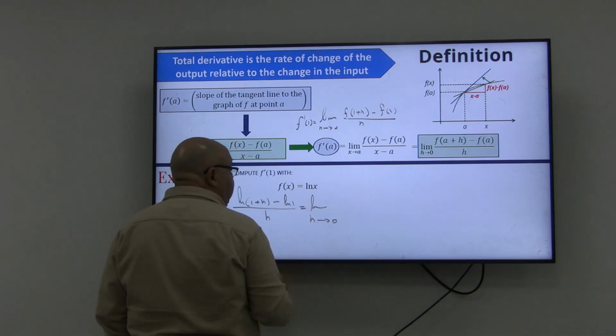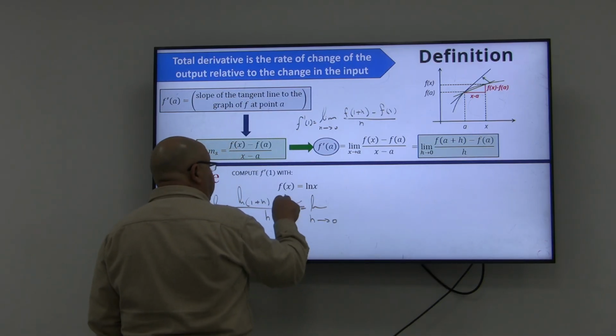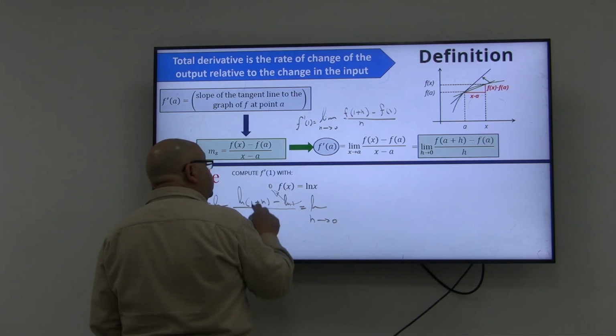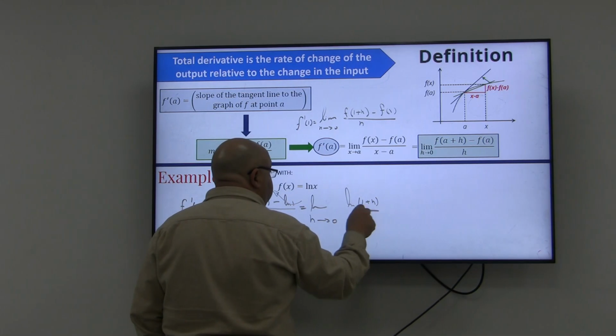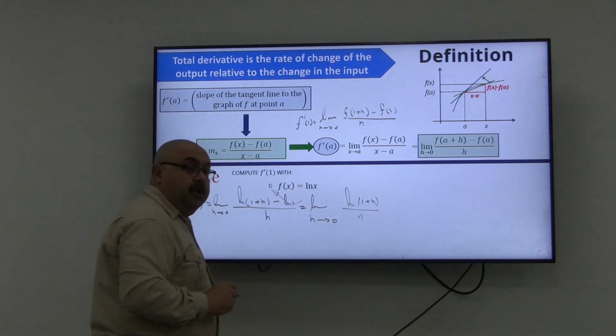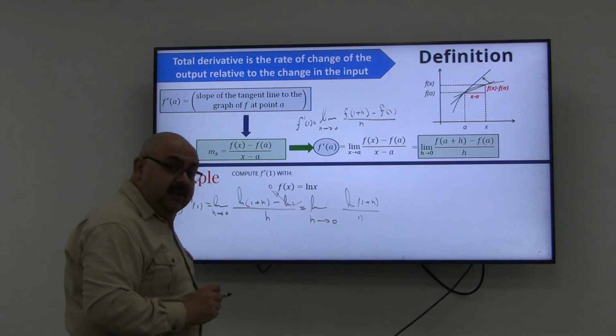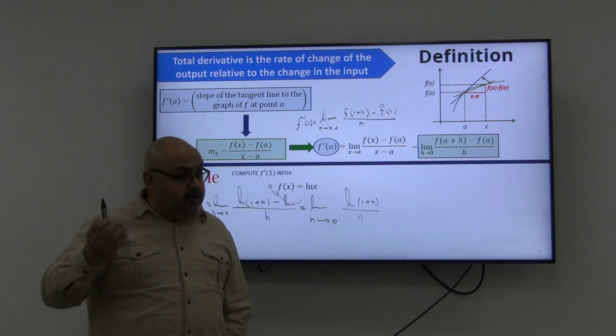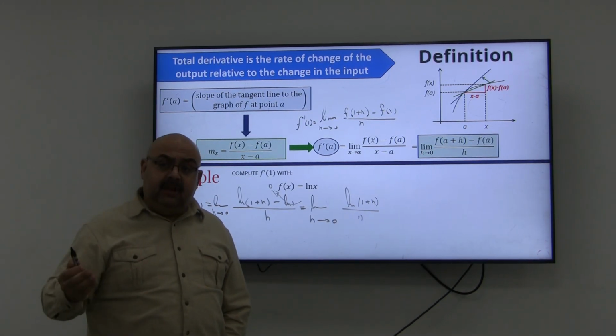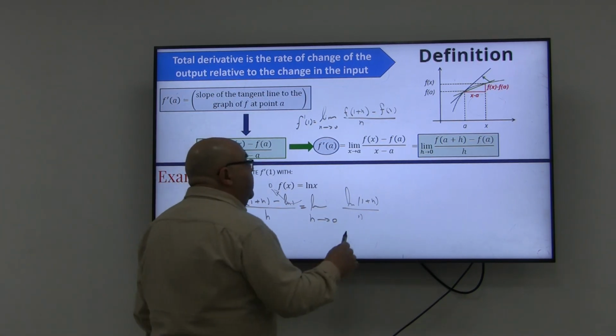So it's a limit, as h tends to 0, ln 1 is equal to 0, so I'm stuck now with ln of 1 plus h divided over h. One of the very nice ideas, and we already have this previously in the foundation or in your previous studies, and we will go through it later inshallah, which is Maclaurin expansion.